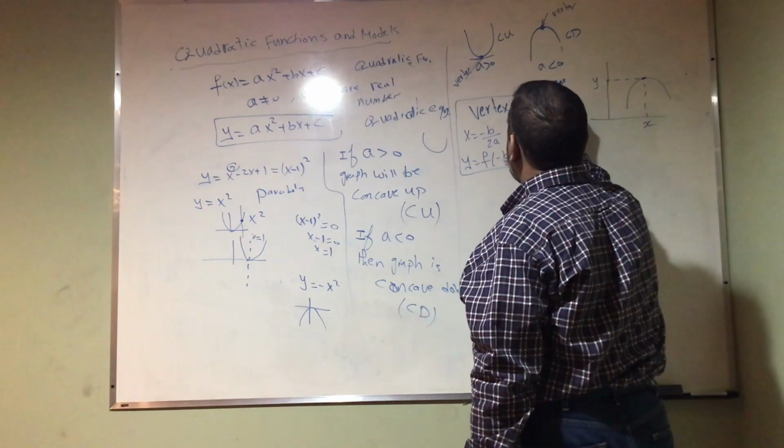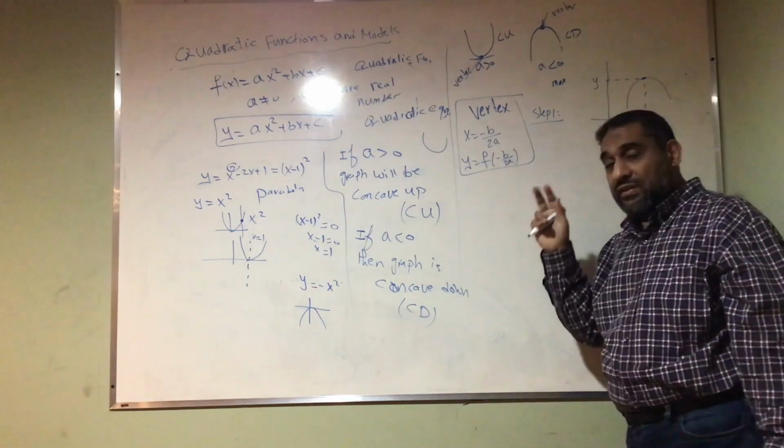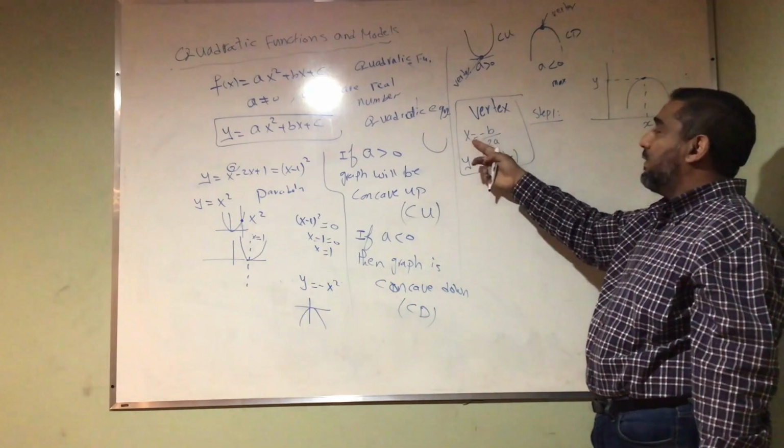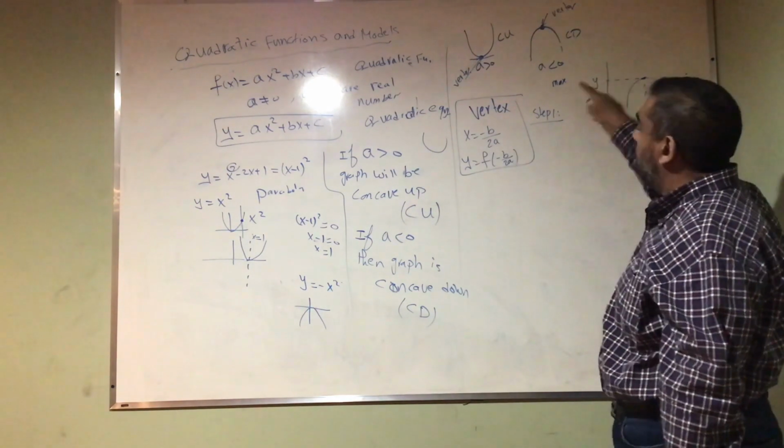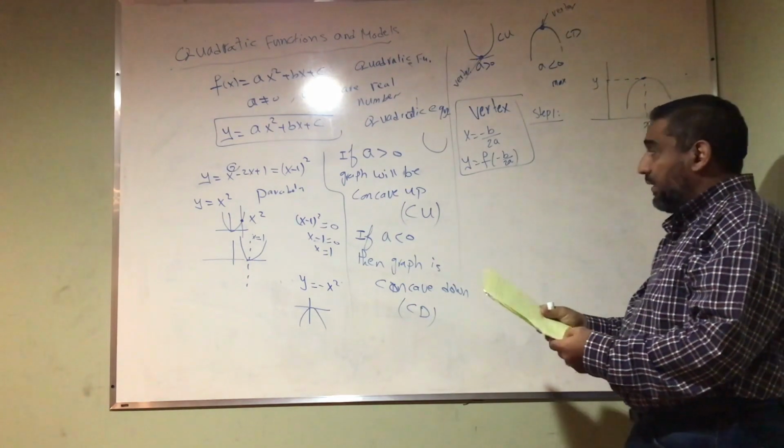Step number 1, in order to sketch the graph, you go ahead and find the vertex. What is the x coordinate? What is your y coordinate? So that is the 2 points here that give you the vertex.